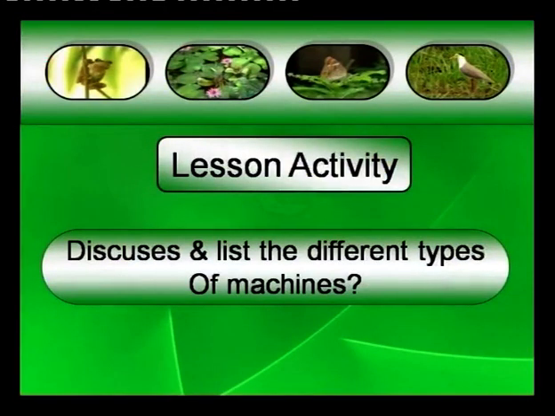Now, receiving students in 6E, I want you to brainstorm and list down different types of machines into your exercise books. Do that now. Think of any machines and write their names down.